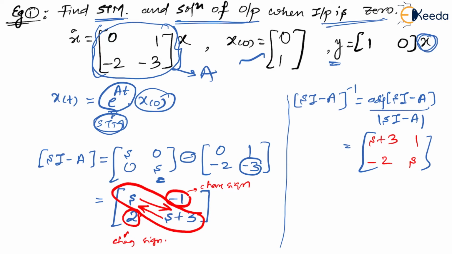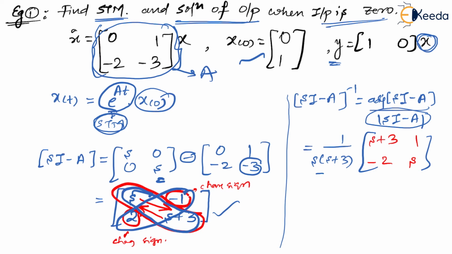Multiplied by 1 upon the determinant of (sI minus A). How to find the determinant? This into this minus this into this. So it becomes s into (s plus 3) minus 1 into 2.